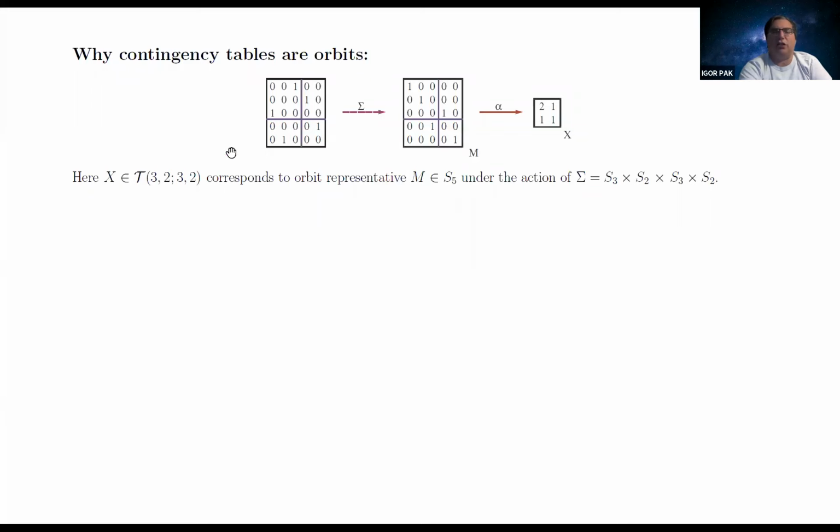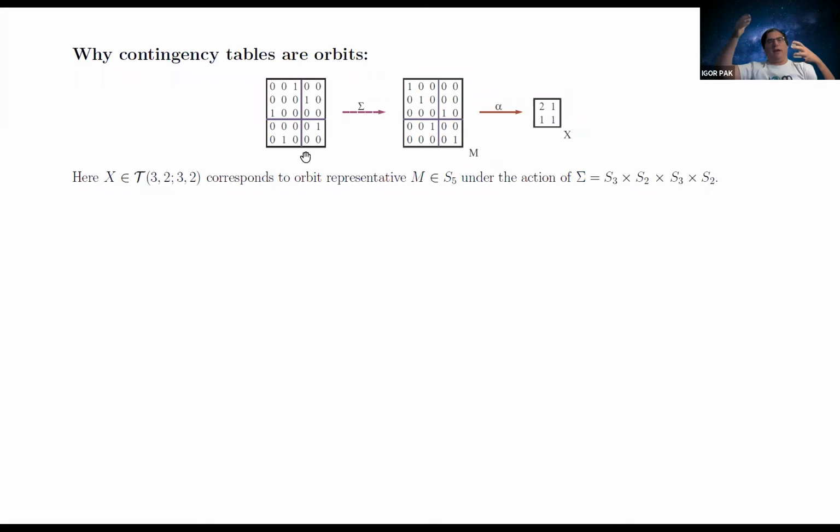Now, I'm going to show how it is related to being orbit representatives. So consider all 5 by 5 permutations, where 5 is just 3 plus 2. We're thinking of permutations as 0, 1 matrices, permutation matrices.